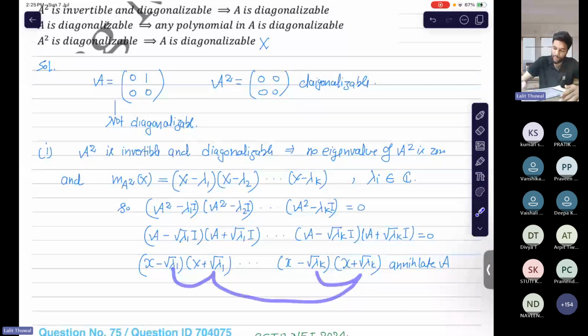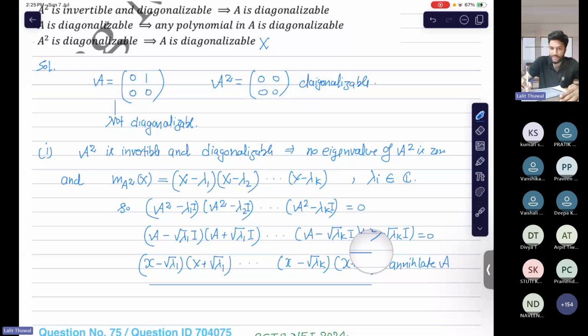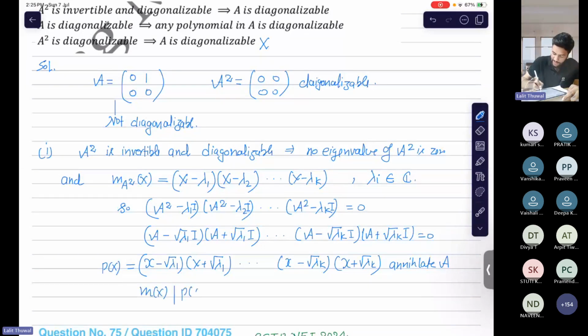Okay, so because it is an annihilating polynomial for A, the minimal polynomial will divide it, right? Let's name it P(x). So M(x) will divide P(x), which is a product of distinct linear factors.